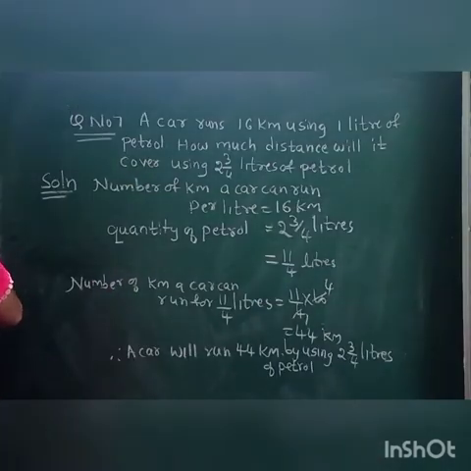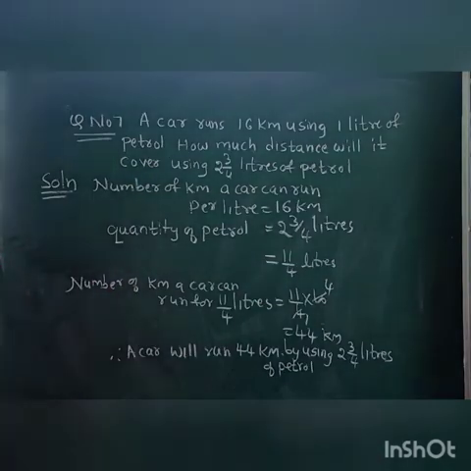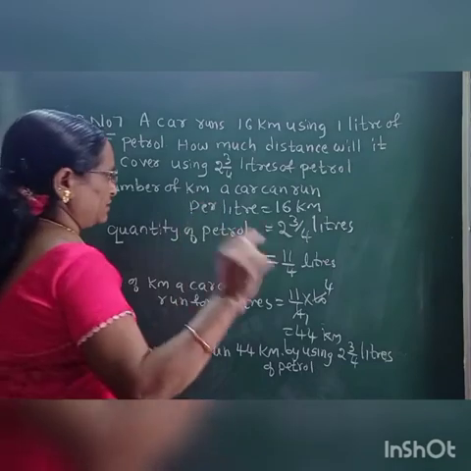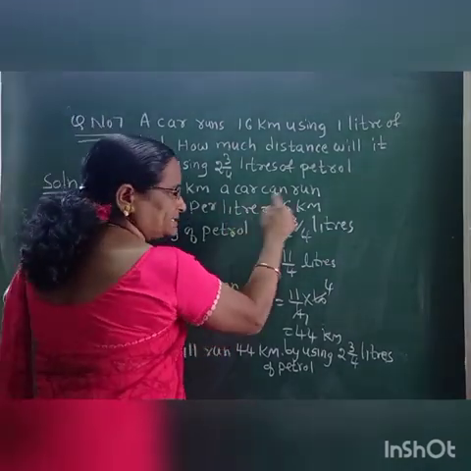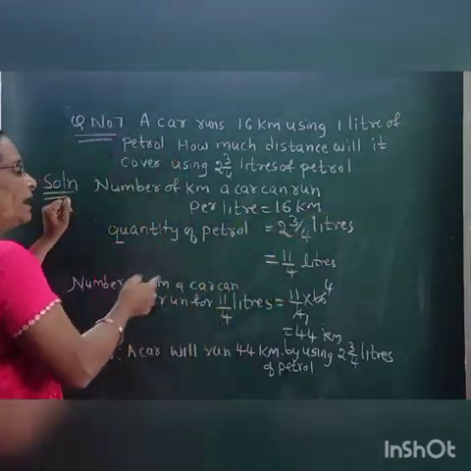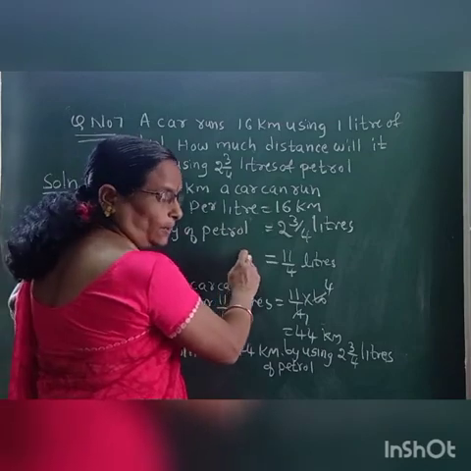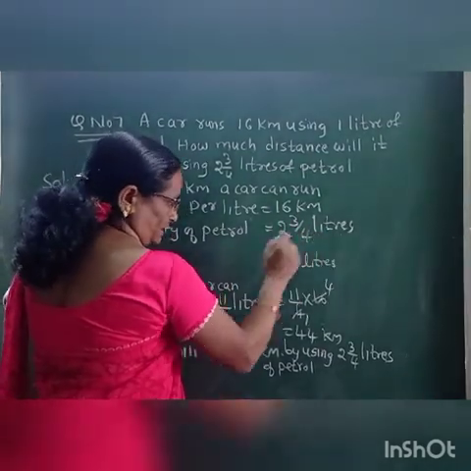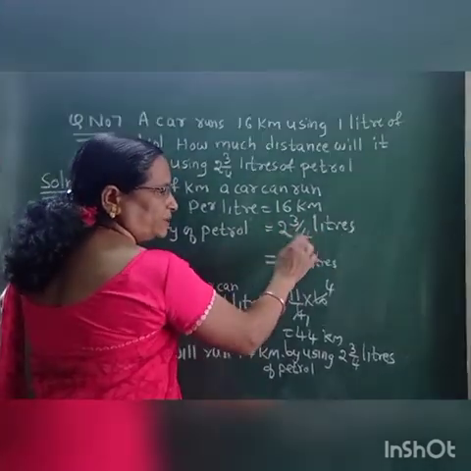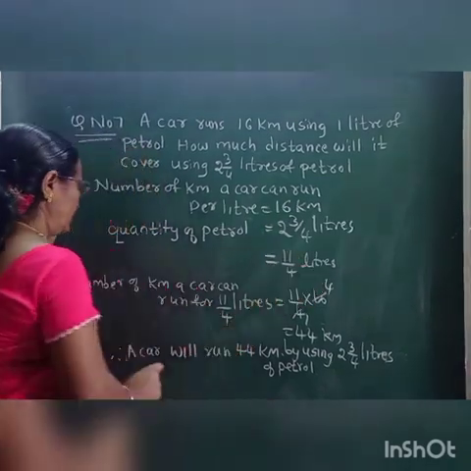Okay, see here what is given. A car runs 16 kilometers using 1 liter of petrol. For 1 liter 16 kilometers it will run, and they give the quantity of petrol 2 integer 3 by 4 liters. Convert into improper fraction 11 by 4 liters.